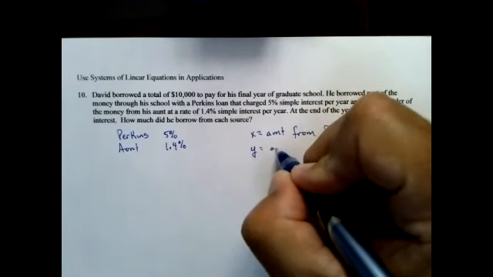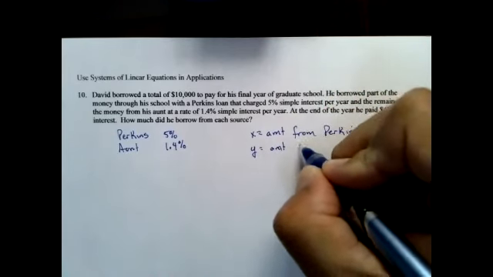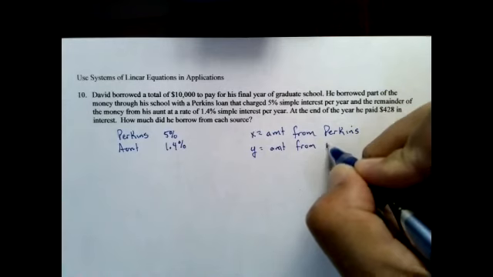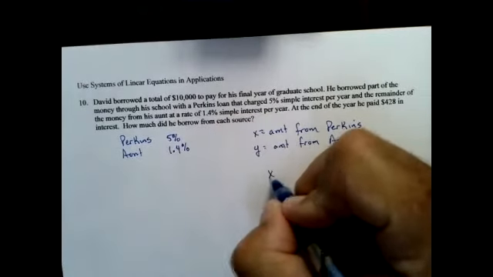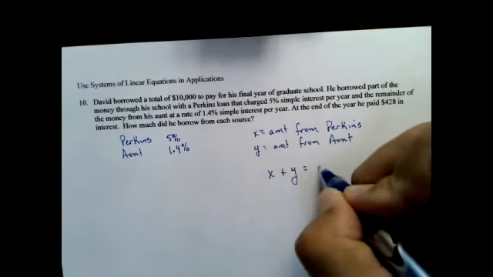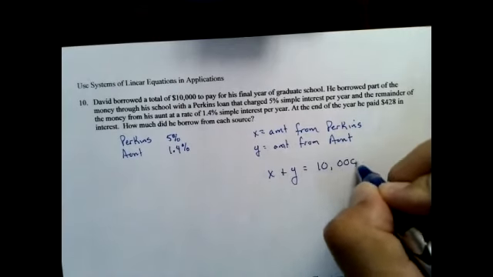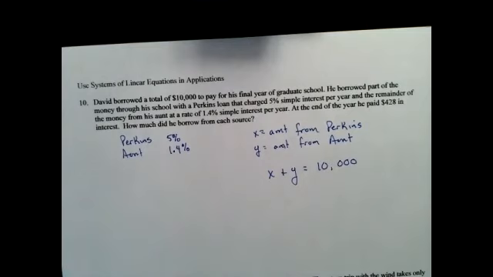Y is the amount from his auntie. And I know those two amounts have to add together to be $10,000.